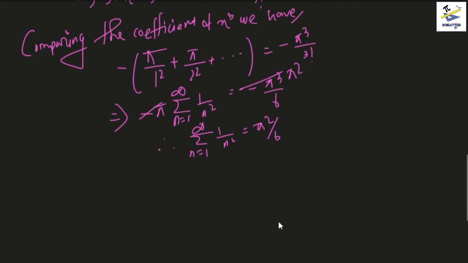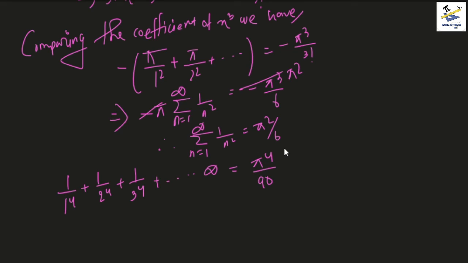In a similar fashion, just to note, the following series also has a value: 1 by 1 to the power 4 plus 1 by 2 to the power 4 plus 1 by 3 to the power 4 and all the way up to infinity. This series has a value of pi to the power 4 by 90. Believe it or not, this can also be proved very easily, which is something we shall keep for other lessons. So I think this would be it for this lesson.